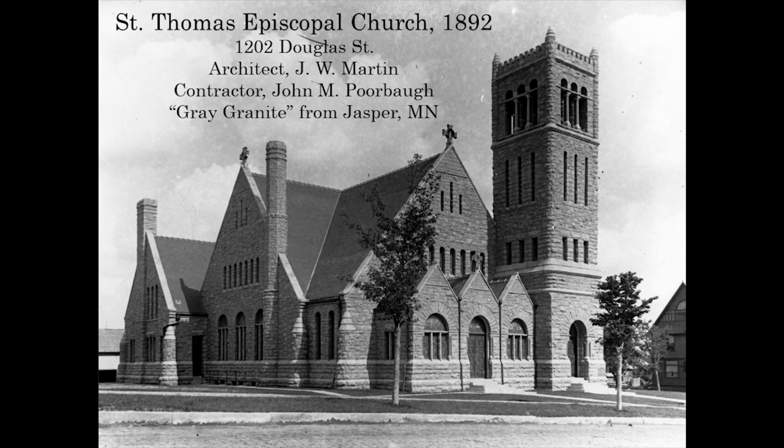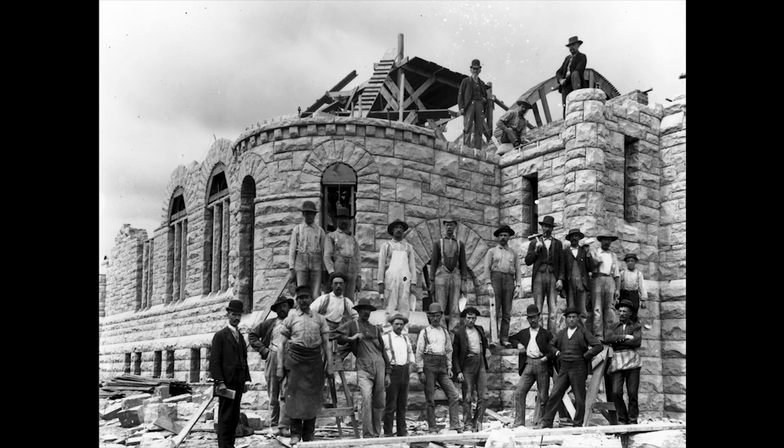We're getting so used to the elements of this style: rounded Roman arches, parapet walls, steeply pitched roofs, towers, asymmetry. This building has it all, including a great photo of the construction. The guy standing in the upper right-hand corner, that is our contractor, John M. Poorbaugh.